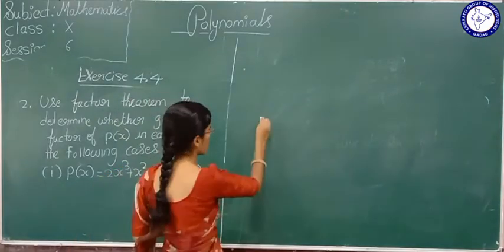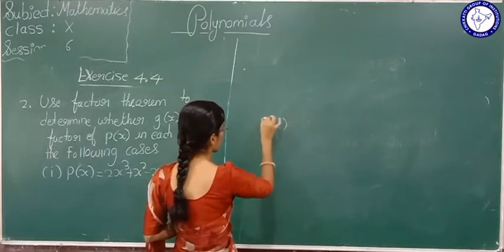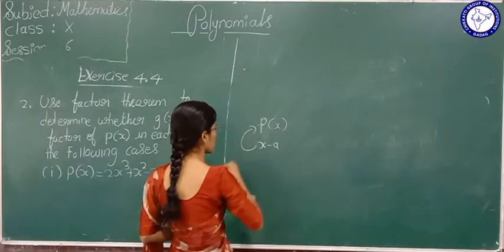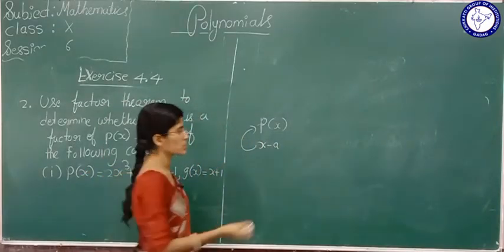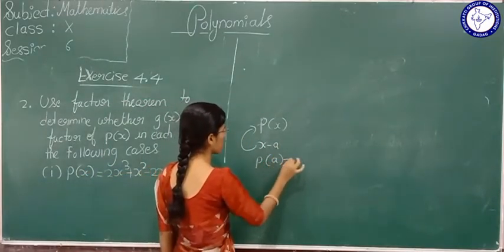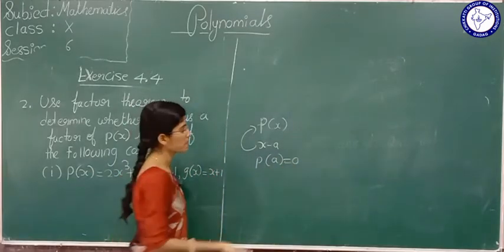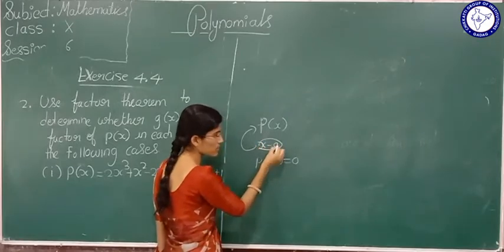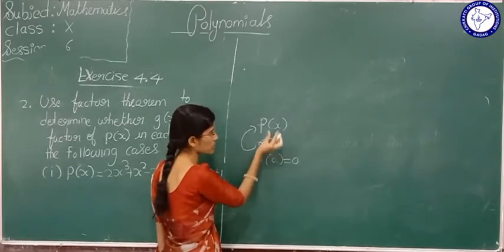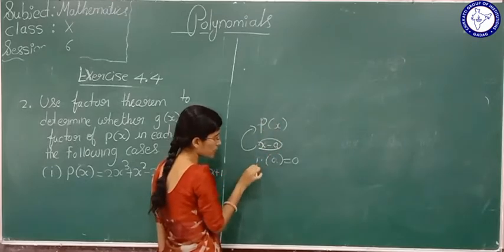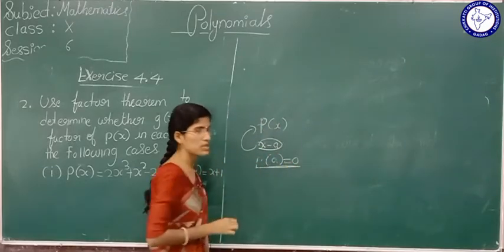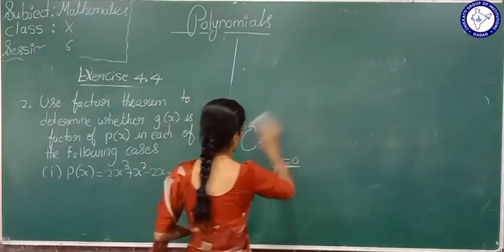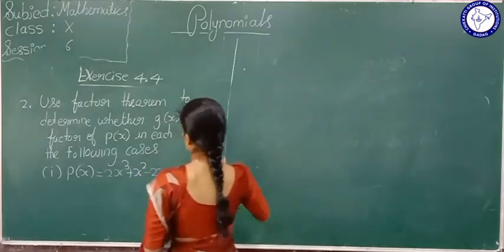If p of x is a given polynomial and x minus a is a factor of p of x, this is possible only if p of a is equal to 0. Means whatever you get by equating the divisor with 0, you substitute that value in this polynomial. If the given polynomial value is 0, at that time only we can tell that x minus a is a factor of p of x. Now see the solution.